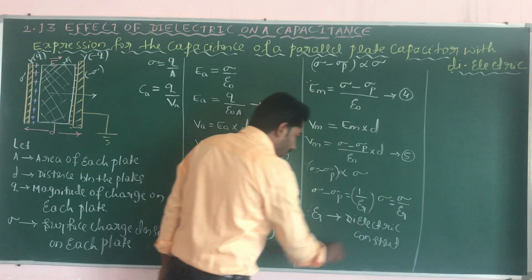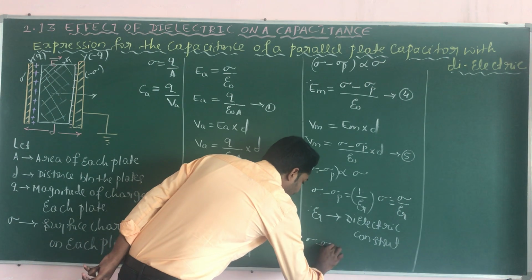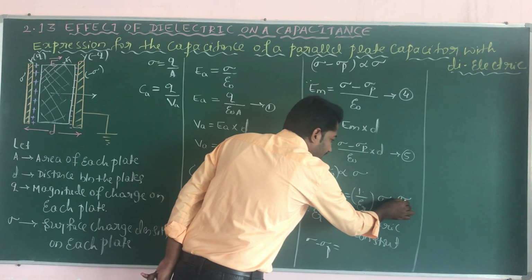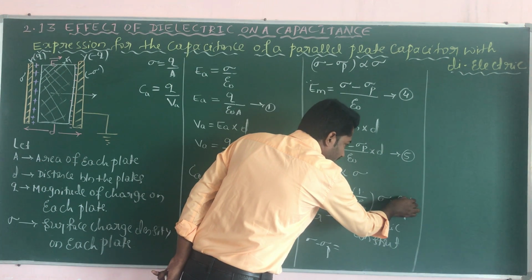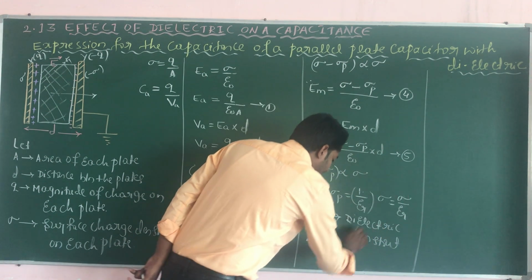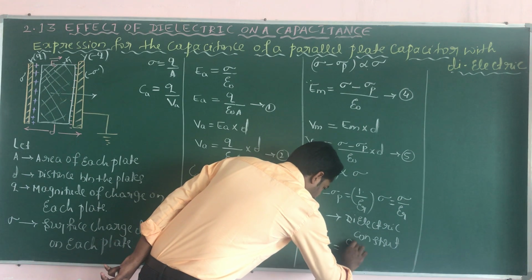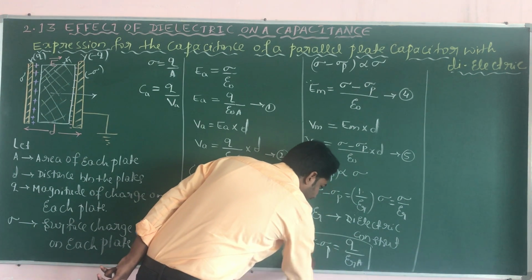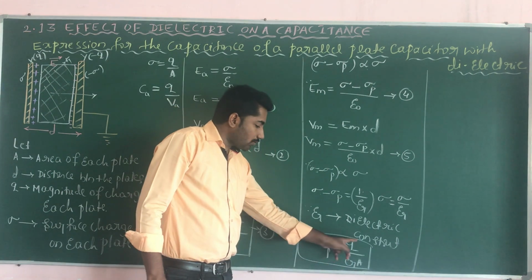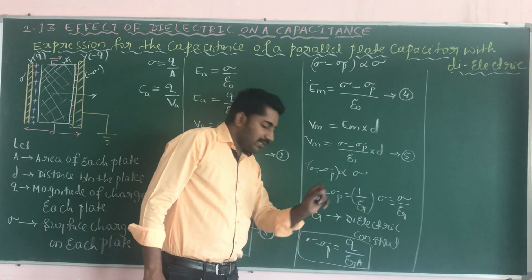Here sigma is the surface charge density, the charge per unit area. So this becomes sigma minus sigma p is equal to Q divided by epsilon r into A.